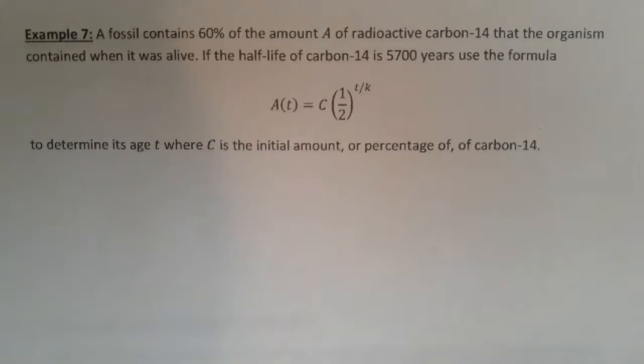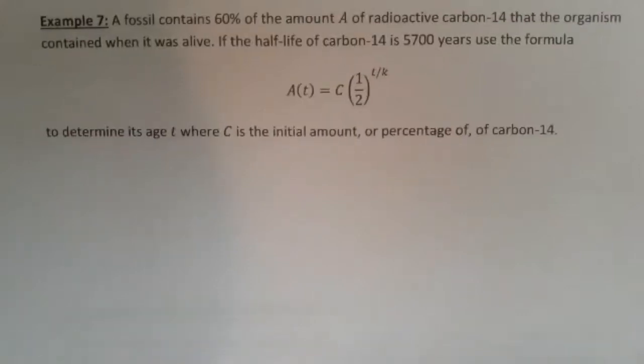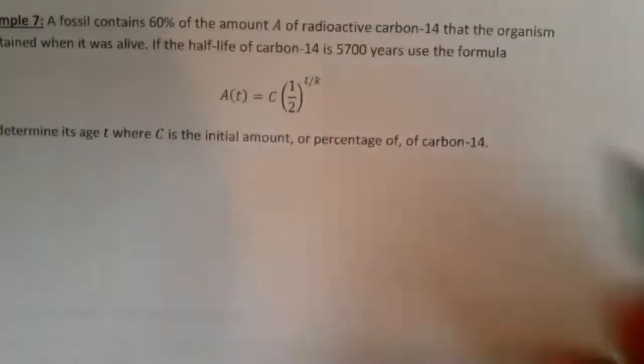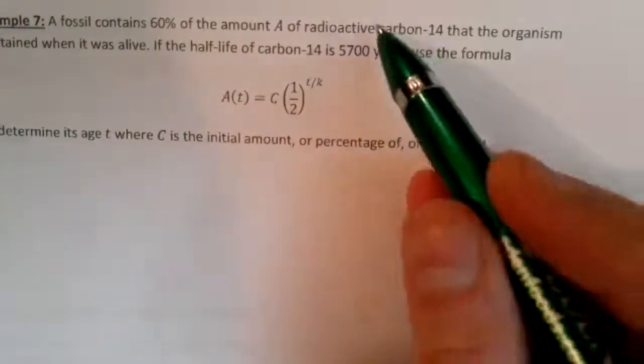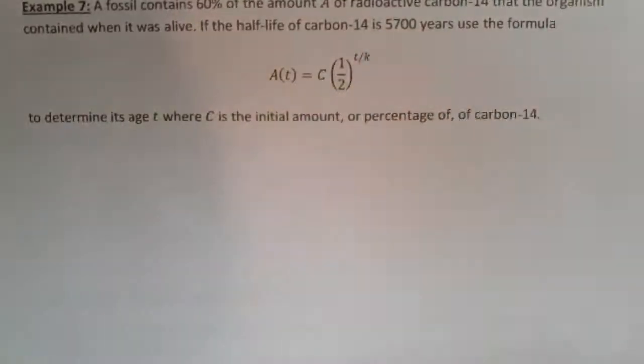A fossil contains 60% of the amount A of radioactive carbon-14 the organism contained when it was alive. The half-life of carbon-14 is 5,700 years. Use this formula. You might notice this is a base of a half, so we're halving every 5,700 years.